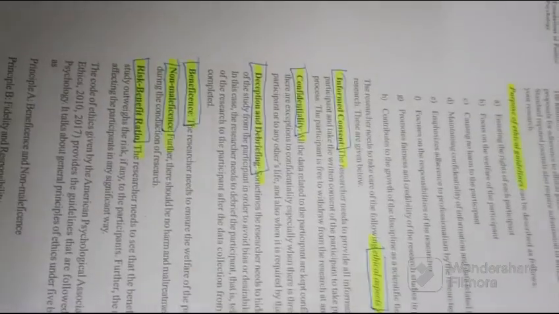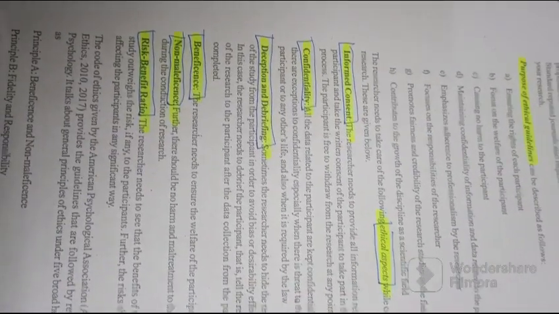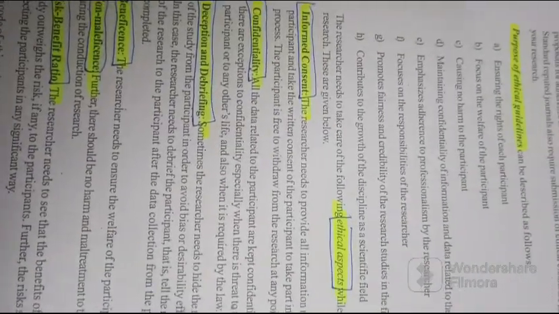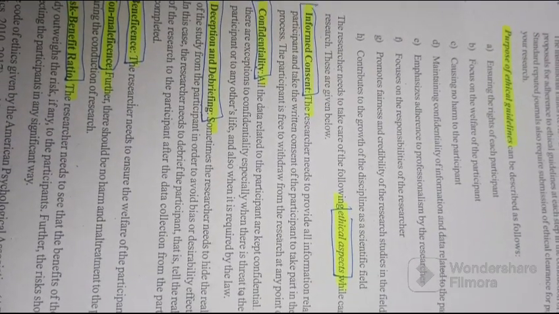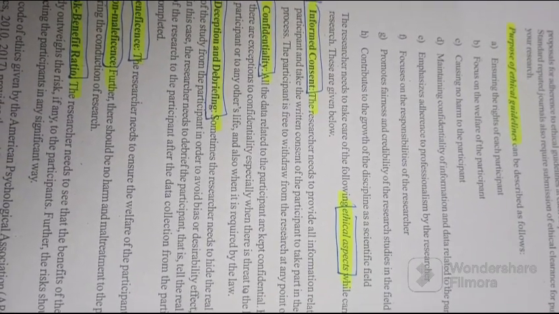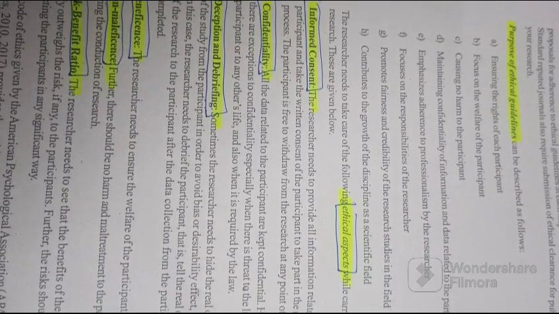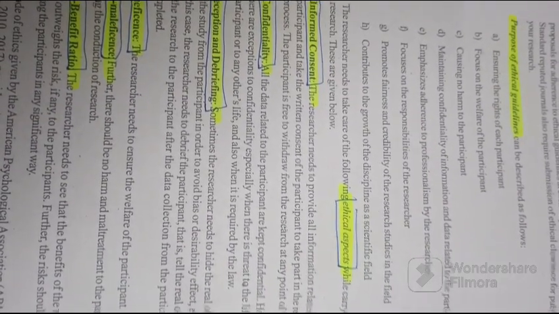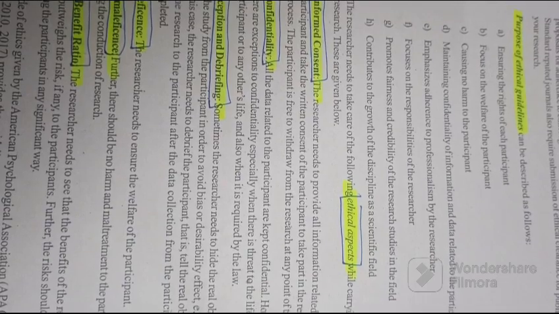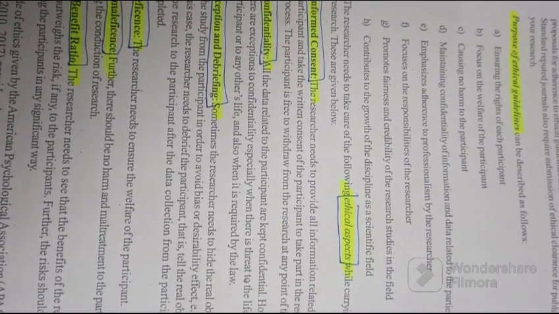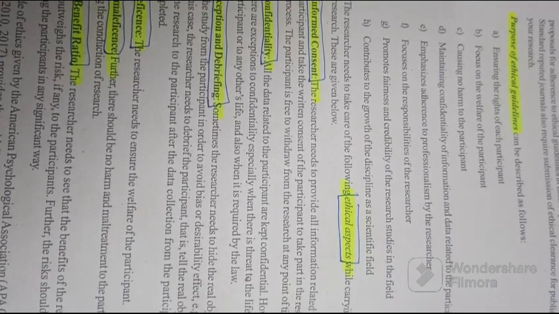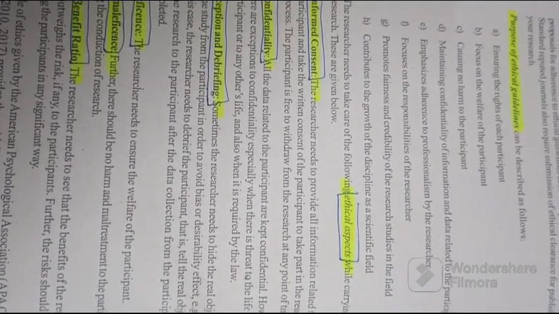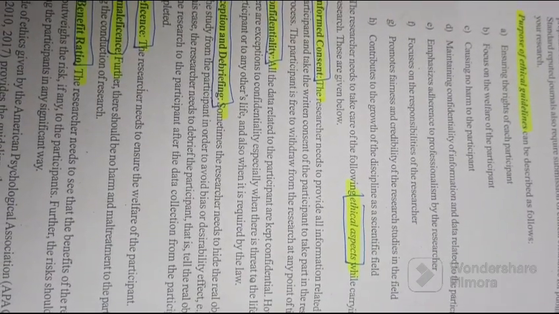So next is the purpose of ethical guidelines. First is ensuring the rights of each participant. See, why it is important to go through the ethical guidelines and adhere to it, because it ensures the rights of each participant. It focuses on the welfare of the participant, so that any psychologist or counselor or researcher doesn't take advantage of the participant.